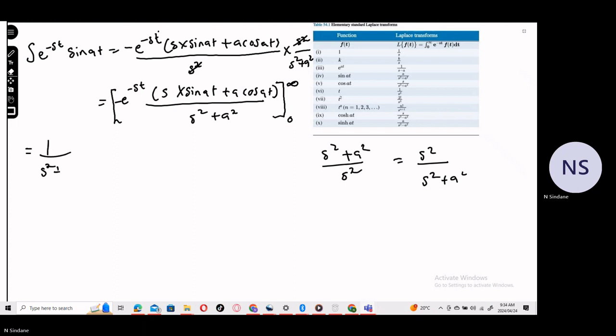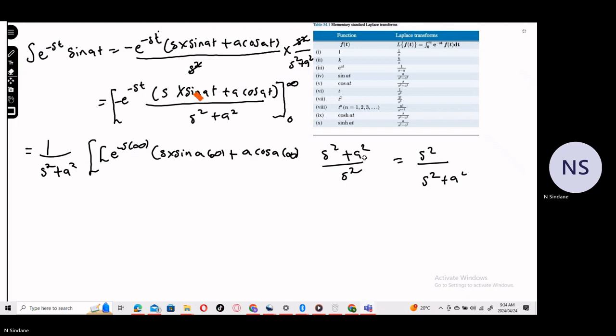If you hate working with fractions like me, just take it out, right? Then this is e to the power minus s into infinity, into s multiplied by sine of a into infinity plus a cos of a into infinity, right?